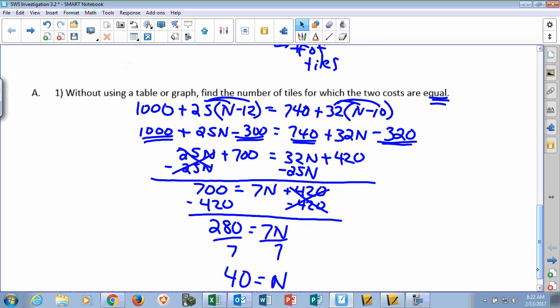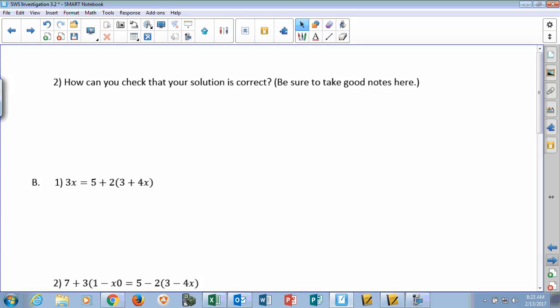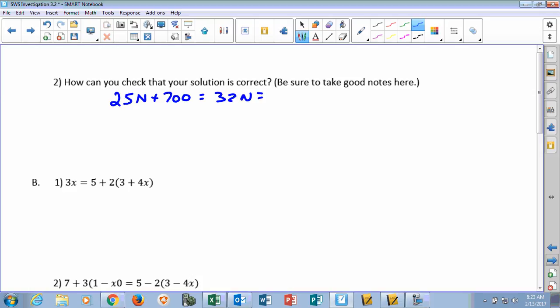I did all this work to break down these equations, so I can use this part right here, after I distributed and combined like terms: 25n plus 700 equals 32n plus 420. And I plug 40 in for n on both sides. My left side should equal my right side if we did it correctly.